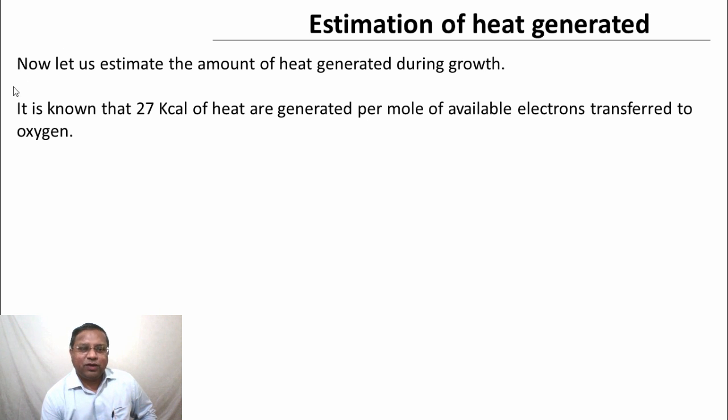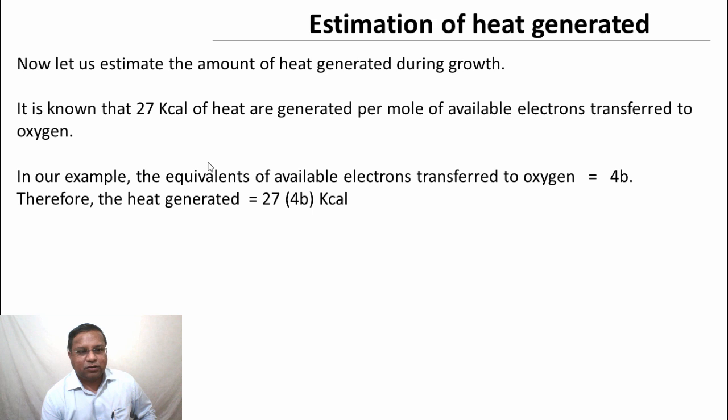So it is known that 27 kilocalories of heat are generated per mole of available electrons transferred to oxygen. That epsilon, the fraction of available electrons transferred to oxygen. For every mole of electron transferred to oxygen, 27 kilocalories of heat are generated. This is known. In our example, the equivalence of available electrons transferred to oxygen is 4b. Therefore, the heat generated is 27 times 4b kilocalories.